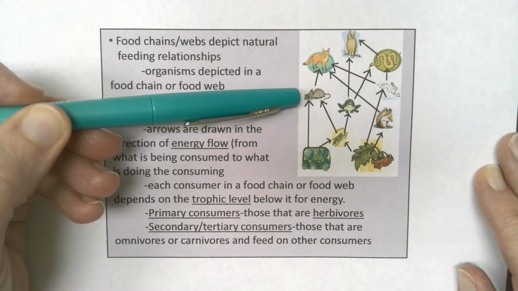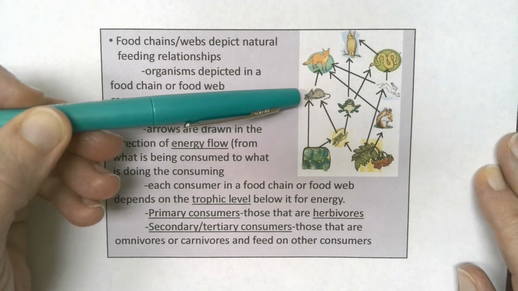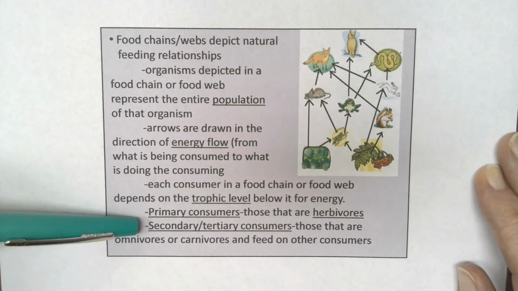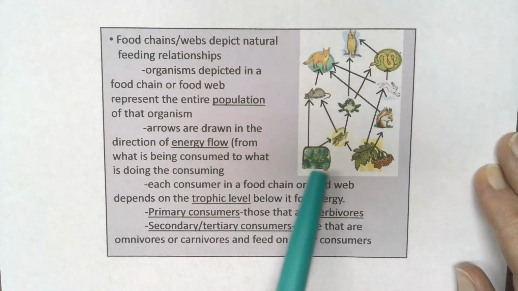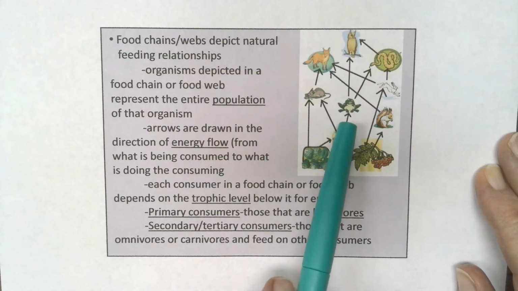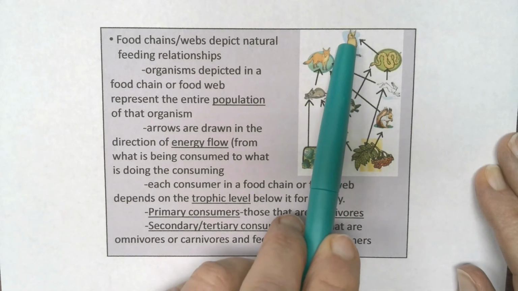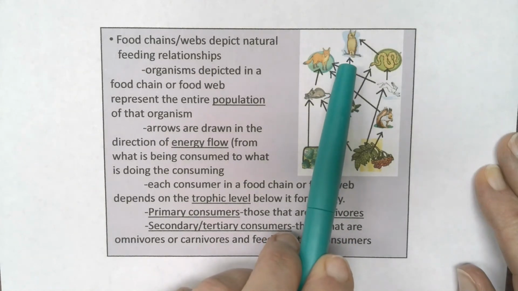So within a food web, it depends on which chain you follow to label organisms. Are they definitely only shown as primary consumers, or are they shown as secondary and primary, maybe secondary and tertiary? Okay, so if we follow from the plant to the grasshopper to the frog, that's a secondary consumer. If we go straight to the owl, the owl's a tertiary consumer.